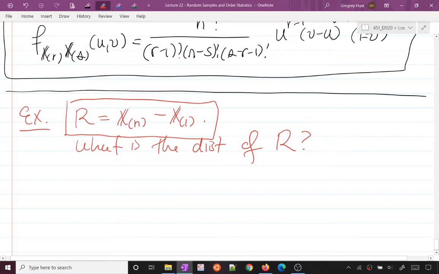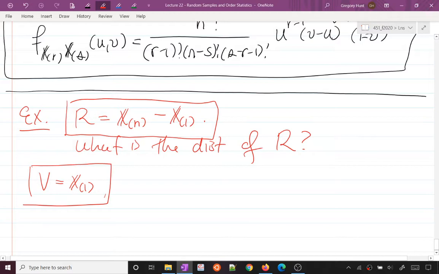One of the transformations is going to be R, which is max minus the min, the range. We need another, because in bivariate transformations we always have to go from two random variables to two other random variables. So we're going to find another one, which we're going to call just a dummy transformation, V. Normally we have U and V; here we're going to have R and V. V is just going to be the minimum.